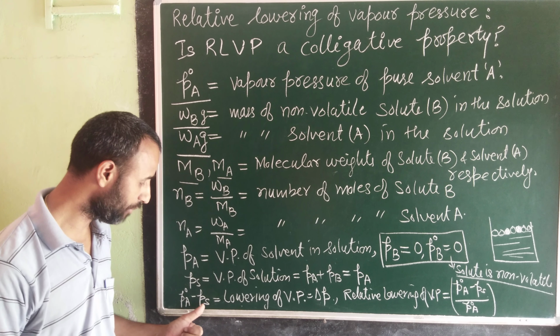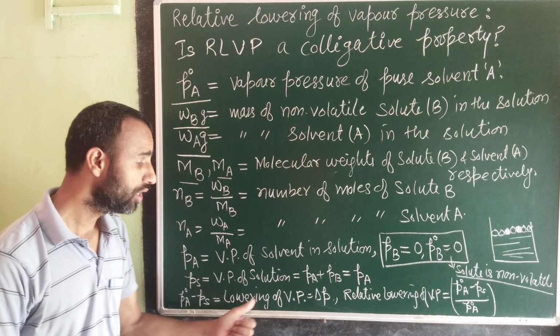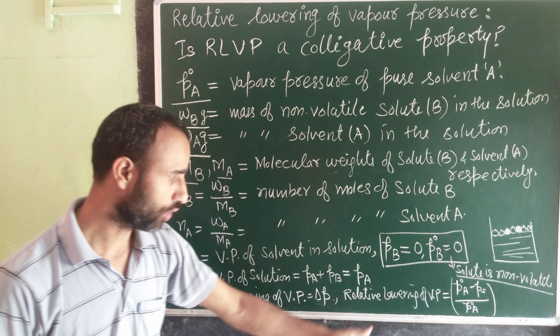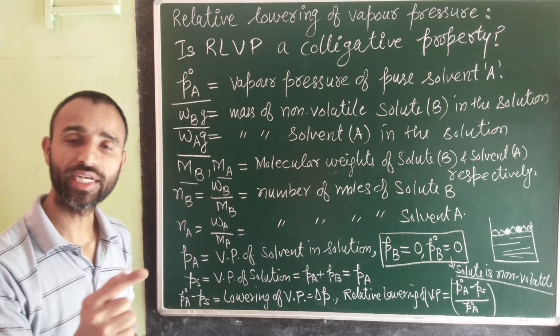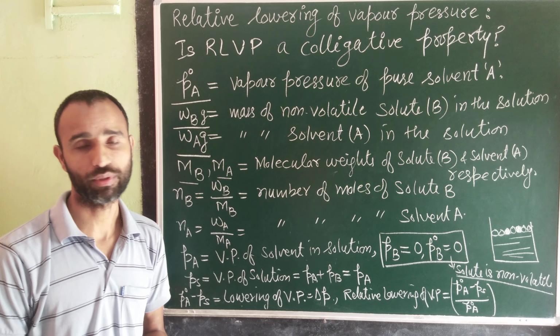So P naught A minus PS is lowering of vapor pressure, and when lowering of vapor pressure is divided by vapor pressure of pure solvent, then it becomes relative lowering of vapor pressure. That we have to prove is a colligative property. So just note down, then we will proceed further.